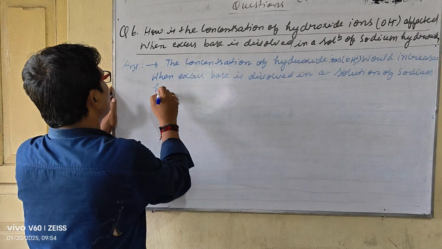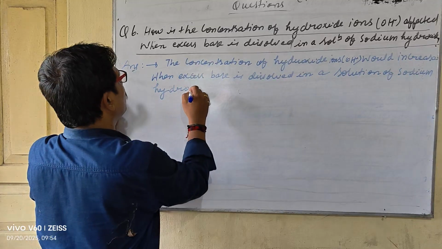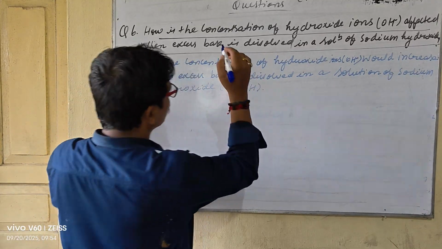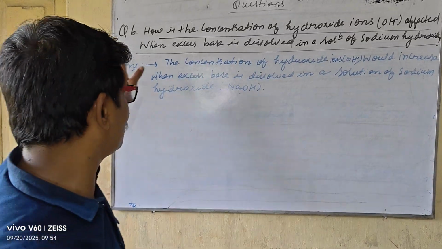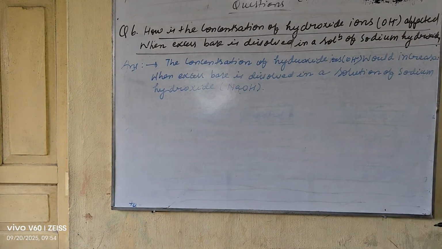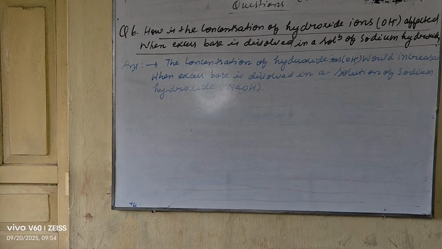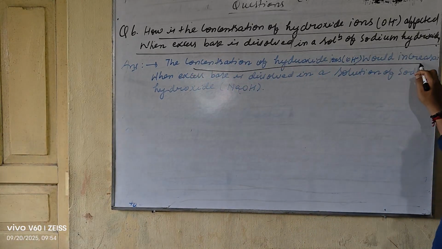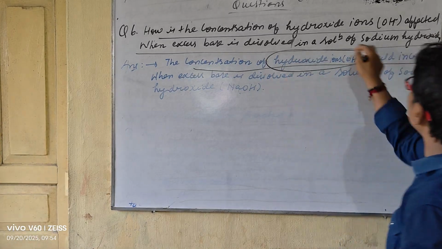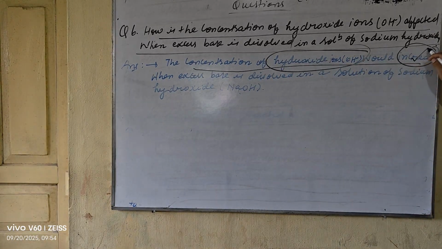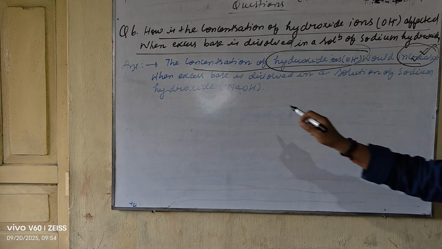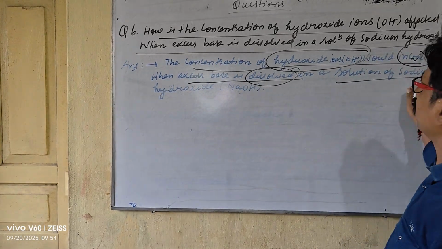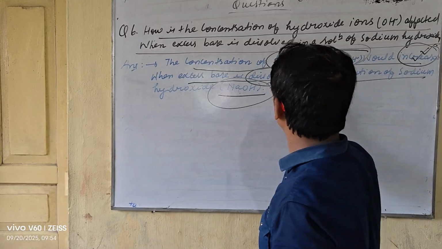The question is asking how the concentration of hydroxide ion, OH minus, is affected when excess base is dissolved in a solution of sodium hydroxide. The concentration would increase. So it is quite clear.